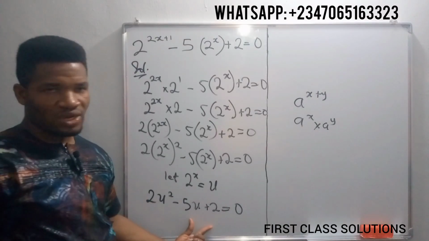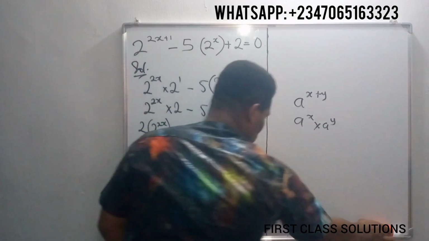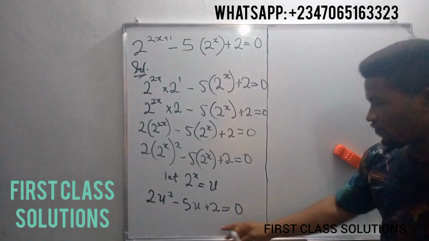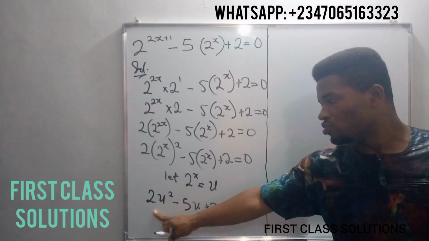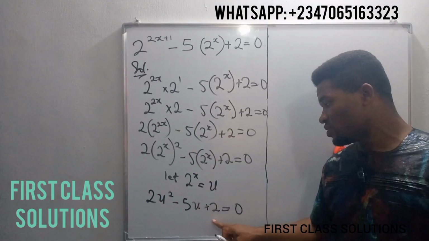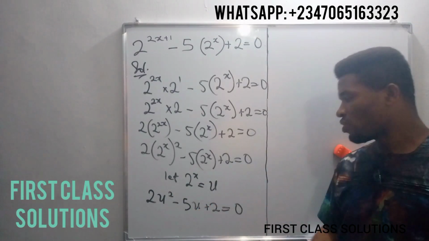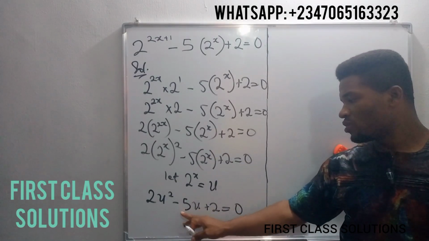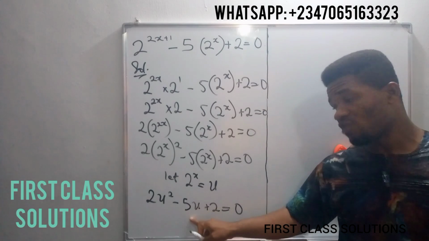Now to solve this quadratic equation, let us use the factorization method, where we look for the product of the coefficient of u squared and this constant. We look for the product, which is 4, that is 2 times 2, which when you sum or subtract will give you minus 5, the coefficient of u.